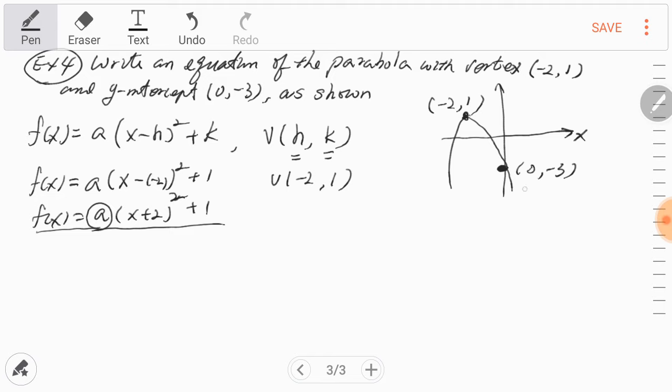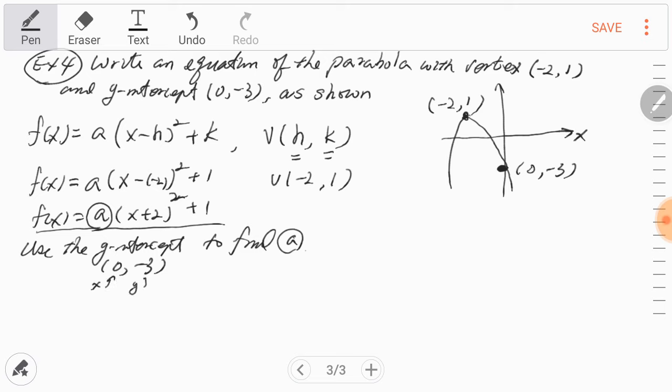So x equals 0. When x equals 0, y is negative 3. So use the y-intercept to find a, right? So the y-intercept is what? 0 and negative 3. So x equals 0, y is negative 3. So f of x is negative 3, which is equal to a times 0 plus 2 squared plus 1.